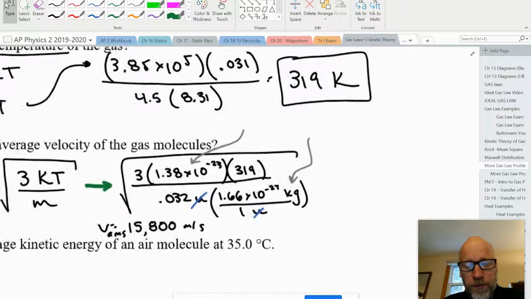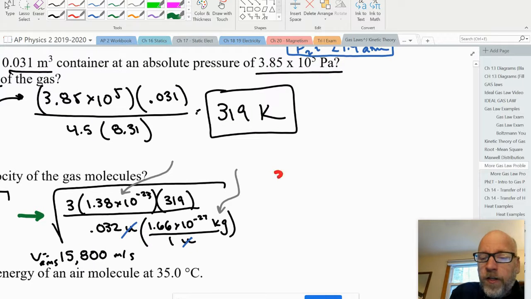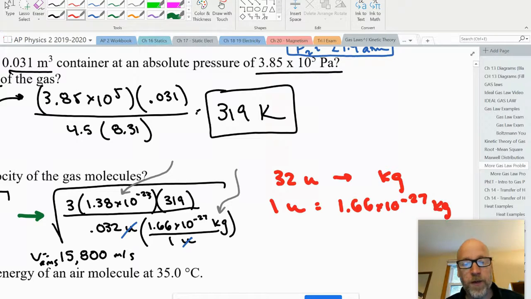We all know from The Princess Bride, never start a land war in Asia. But number two, when converting from 32 atomic mass units into kilograms, one atomic mass unit is 1.66 times 10 to the negative 27 kilograms.